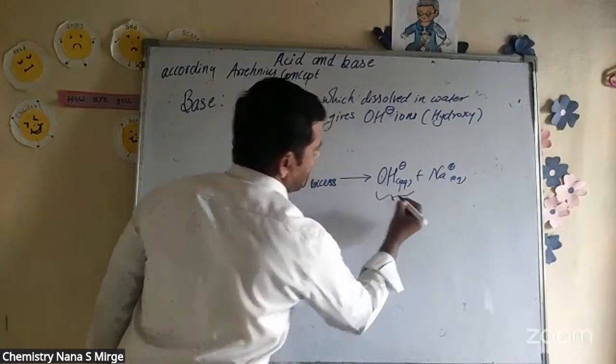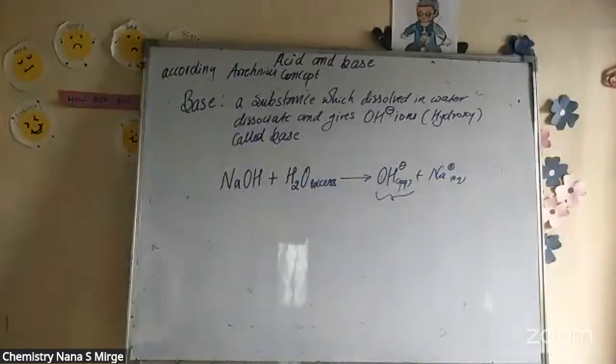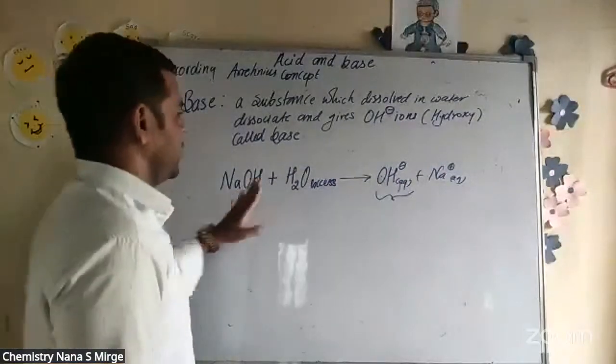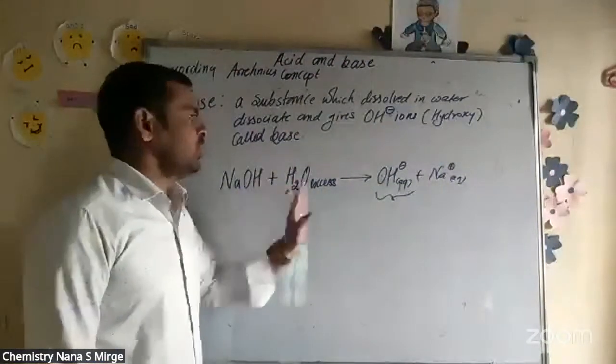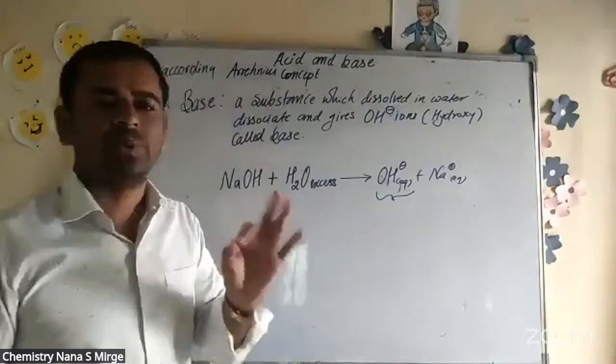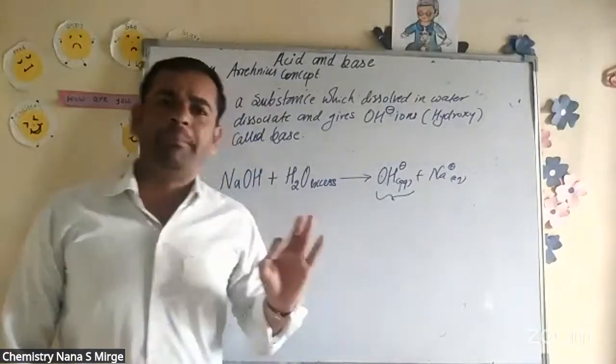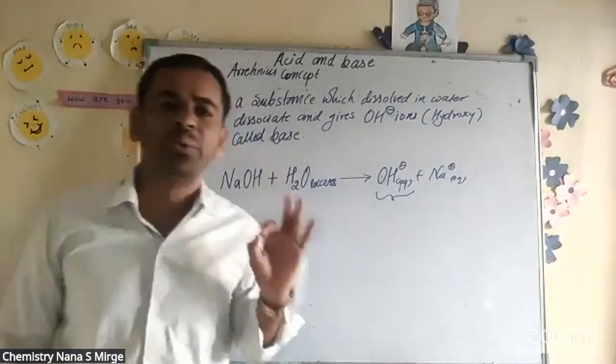So hydroxy ion is produced. Those substances which produce OH negative ion are called a base. NaOH dissociates in H2O and gives OH negative ions purely, so we call it a base. Base is an OH ion producer.